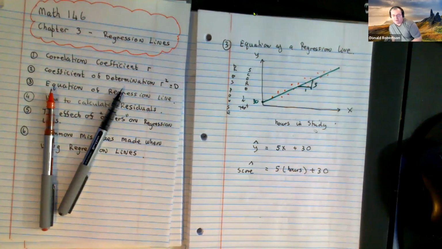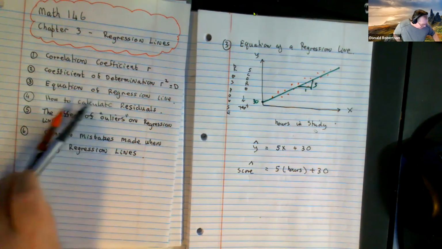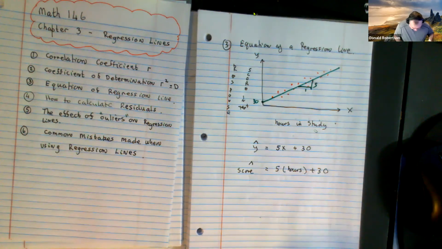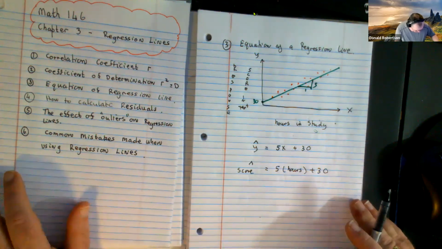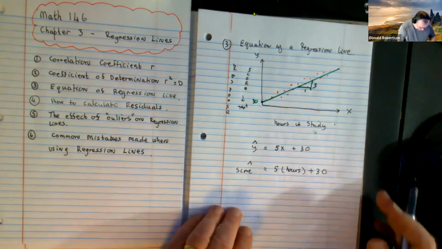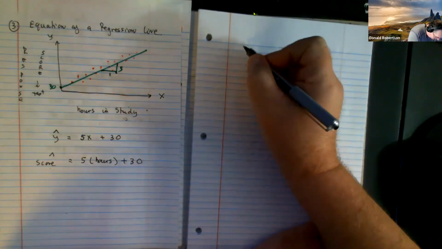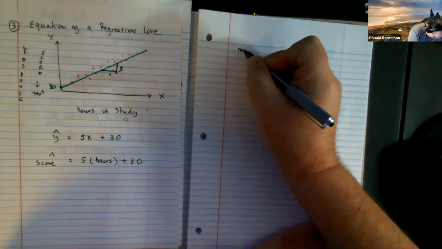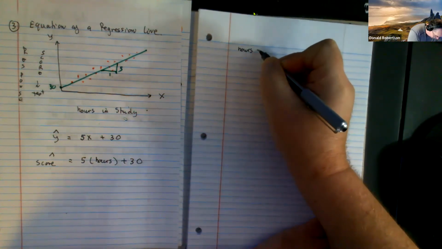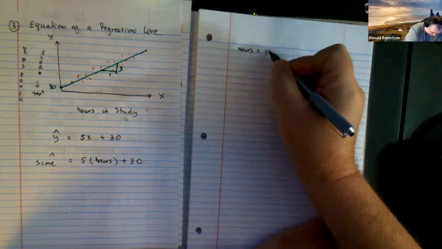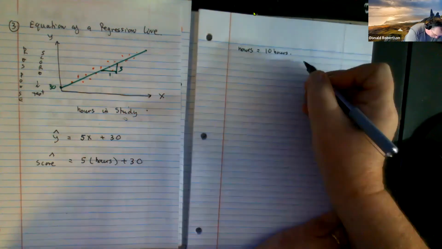So we're going to look at these equations of regression lines, and we're going to use them to do some basic predictions, and we're going to look at these two numbers in more detail. So let's get the first one. There's a student who did 10 hours of study, so a lot of study. The question would be, what was the predicted score that such a student would get?